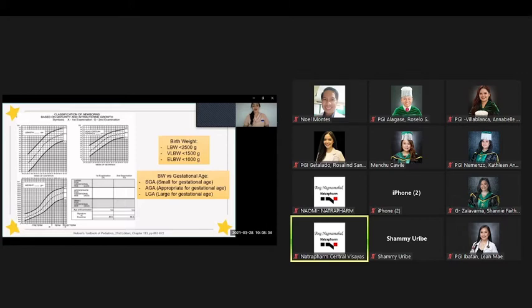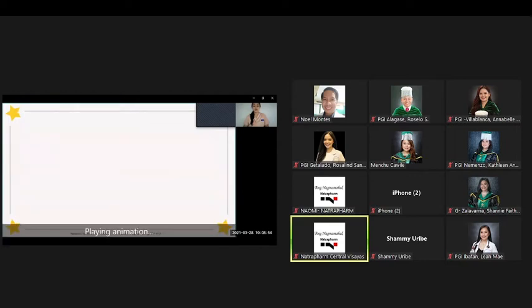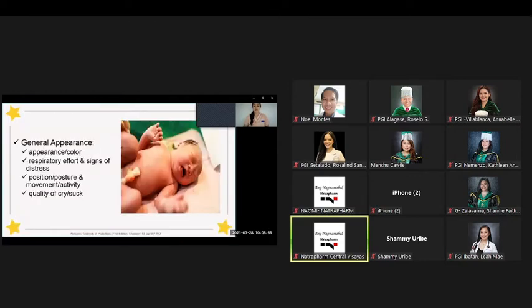And for those less than 1,000 grams, they are labeled extremely low birth weight. For the gestational age, we label them if they are small for their gestational age, if they are appropriate for their gestational age, and if they are large for their gestational age. So, physical activity may be decreased by the effects of illness or drugs.